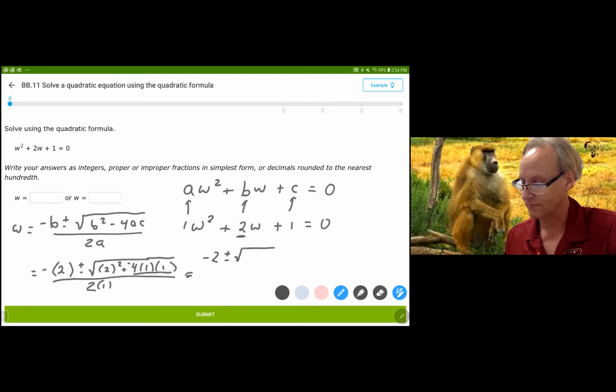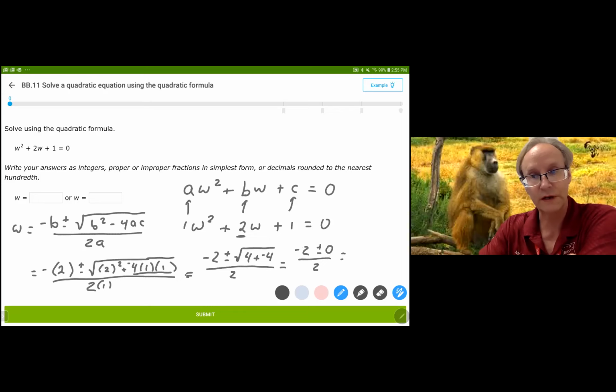In this case, we have 4, but we also have plus a negative 4, all over 2. Now we end up with negative 2 plus or minus 0 over 2. Well, we only end up with one answer. And the reason is this is a perfect square trinomial.